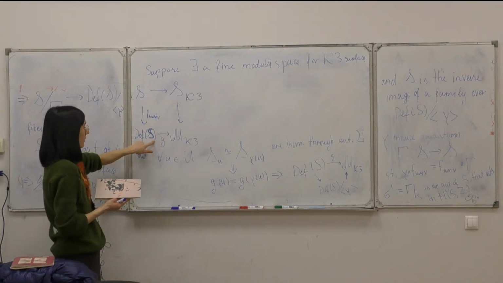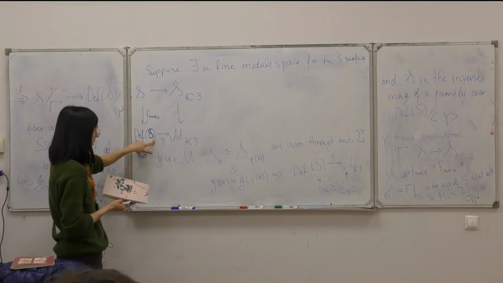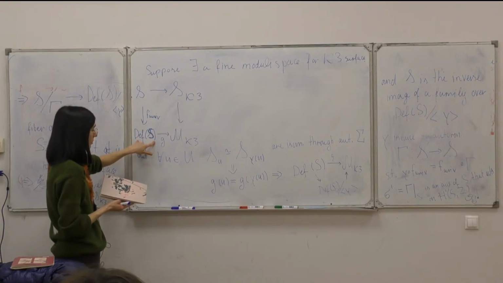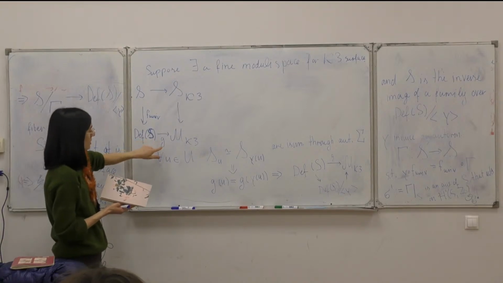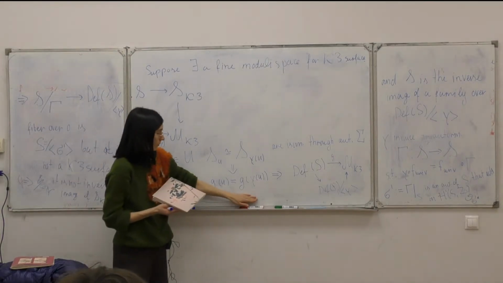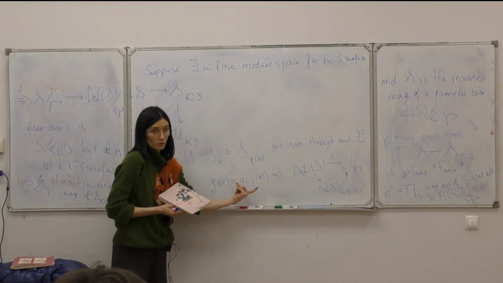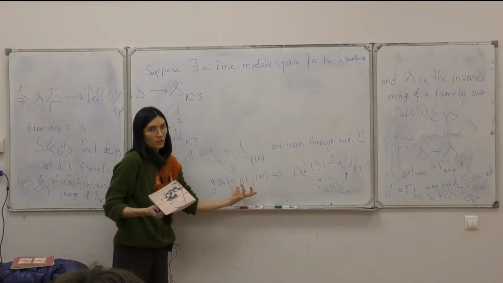But if we have a non-trivial automorphism on S that acts non-trivially on its first cohomology group, then we can consider the corresponding automorphism of this deformation, and we see that this map should identify points of these automorphisms. And more or less we can't have these identifications.